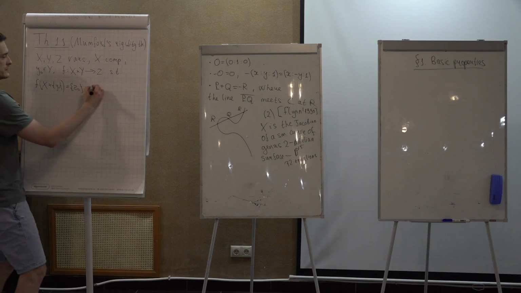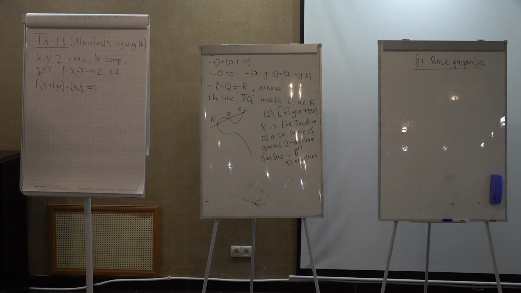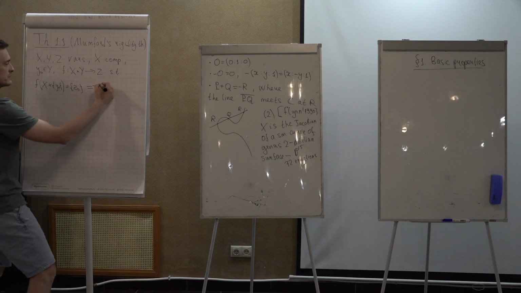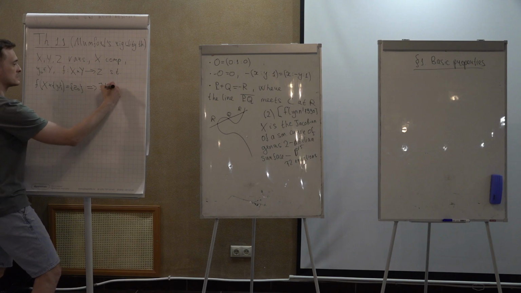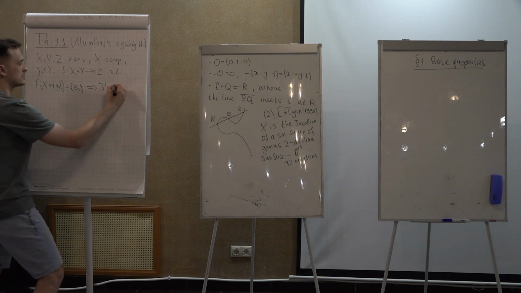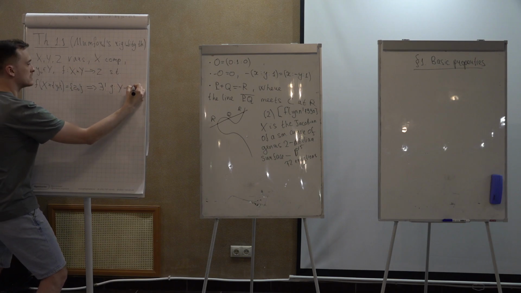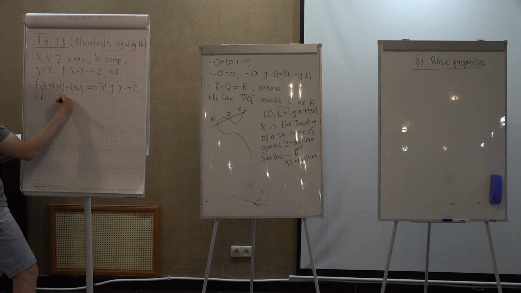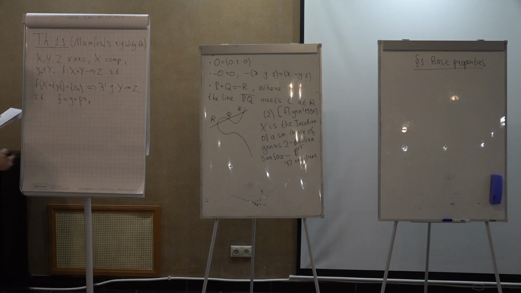Then it turns out that it sends all X fibers to a single point. So it factors through the projection. So there exists a unique map G from Y to Z such that f is G composed with projection to the second factor.